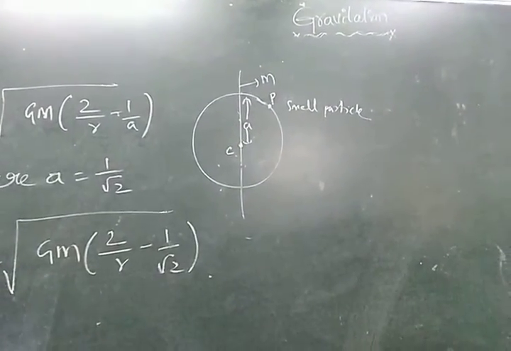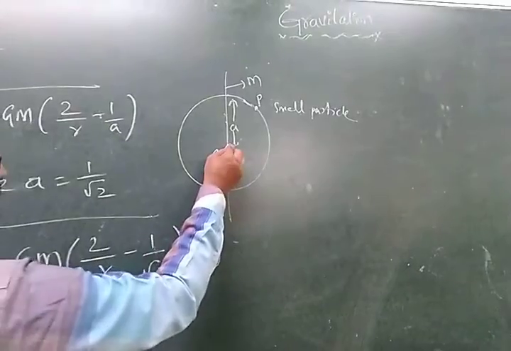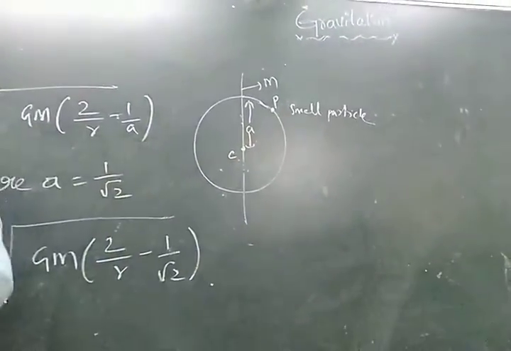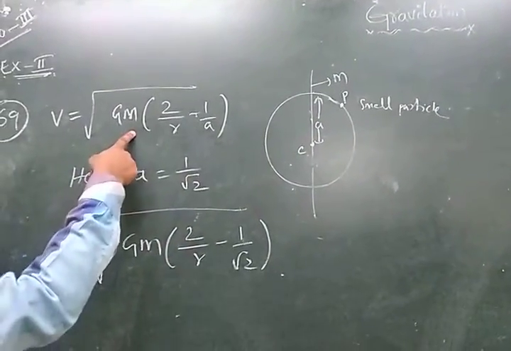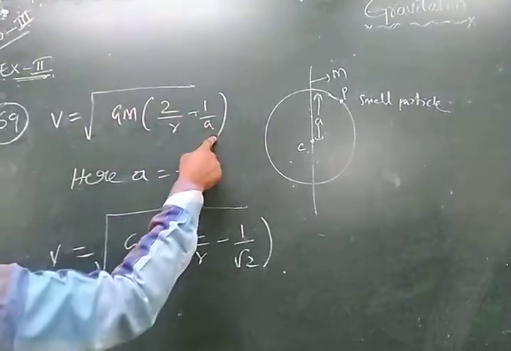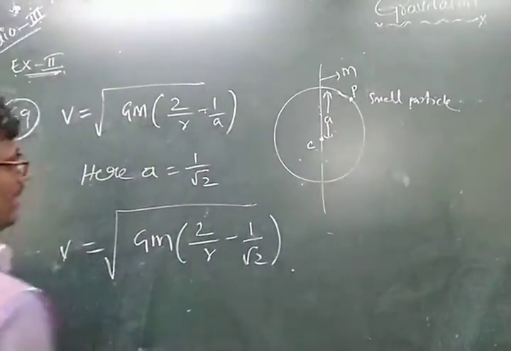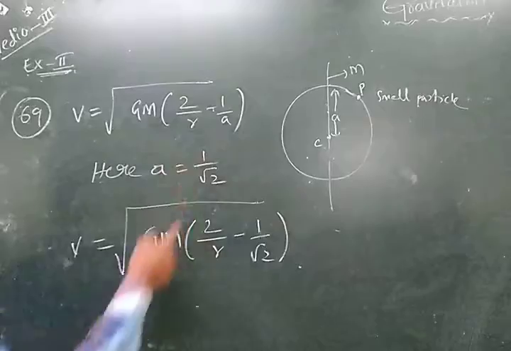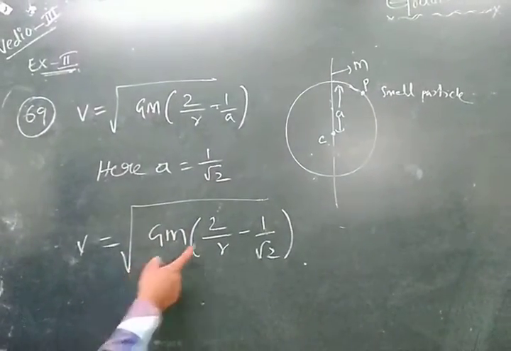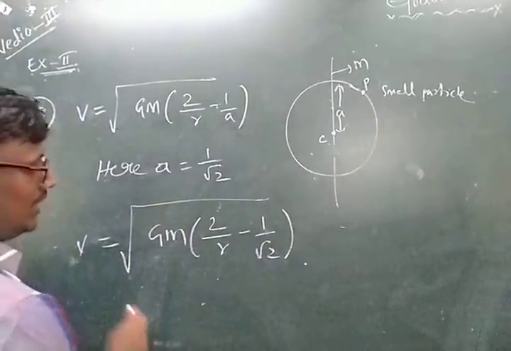Now we can find its speed at C. There is a formula V is equal to the square root of GM into 2 by R minus 1 by a. Here a is equal to 1 by root 2. Then we can substitute here: V is equal to the square root of GM into 2 by R minus 1 by root 2.